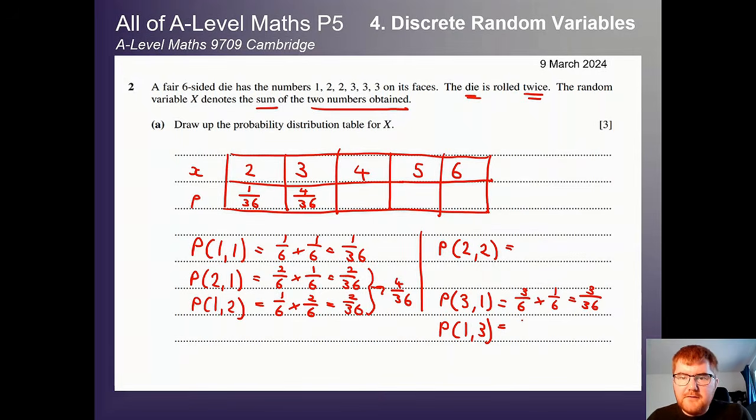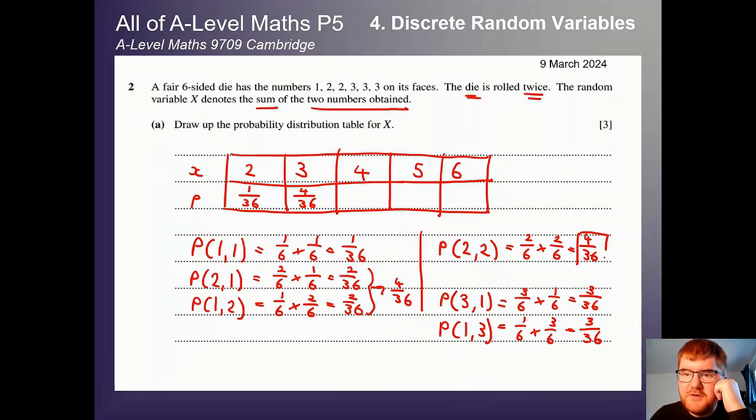Then we've got 1 and 3 the other way round. So that gives us 1 out of 6, 3 out of 6. So that's 3 out of 36. And then we've got 2 and 2. So that gives us 2 out of 6 times 2 out of 6. That's 4 out of 36. This can't be swapped because the numbers are the same here. And then we just add these results together. That gives us 10 out of 36.